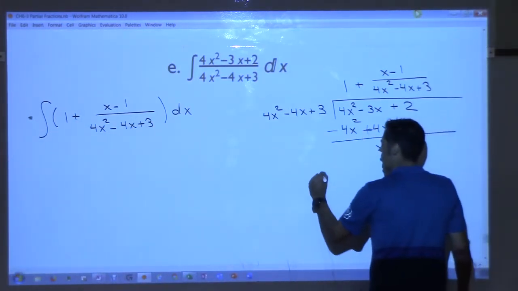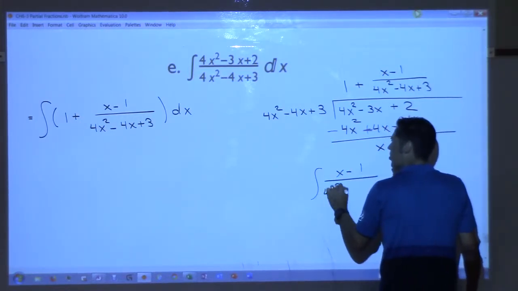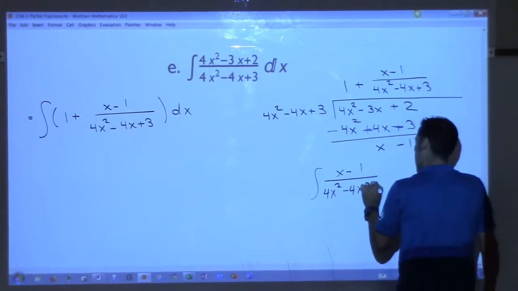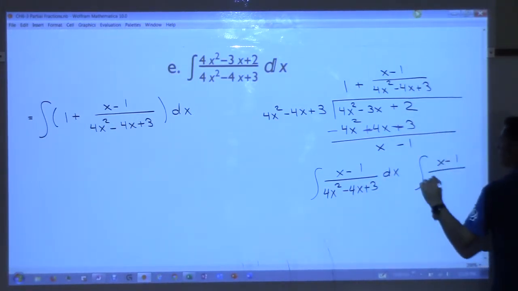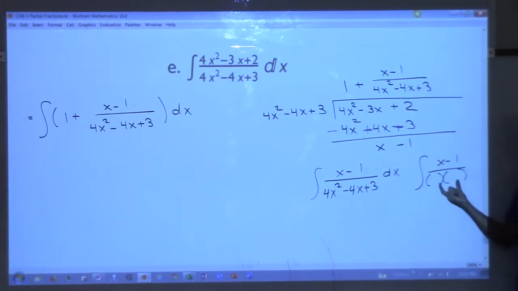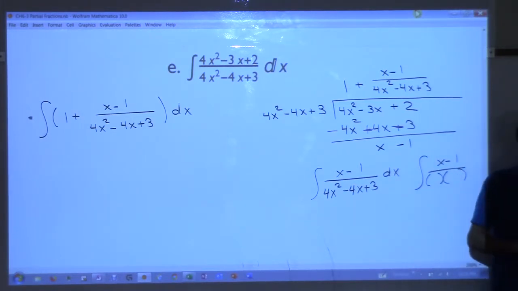If we're working on just this, if this is the universe that we live in right here, then if it breaks into factors, there should be two distinct linear factors, most likely. And then we can do partial fractions. But if it doesn't break up, then we need to do that u sub thing, that kind of tricky thing.